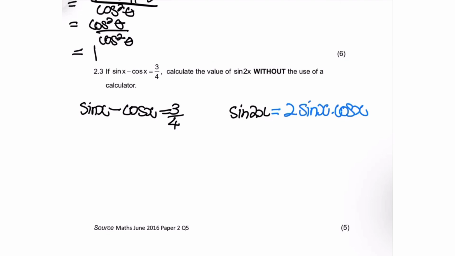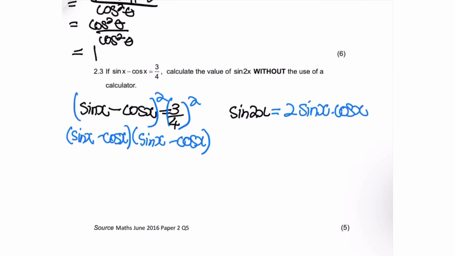An idea that I have is to square both sides here. Because it's an equation, you must make sure that what you do on the left, you do on the right, yin-yang balance. So this will be (sine x minus cos x) times (sine x minus cos x), which will be equal to 9 over 16.